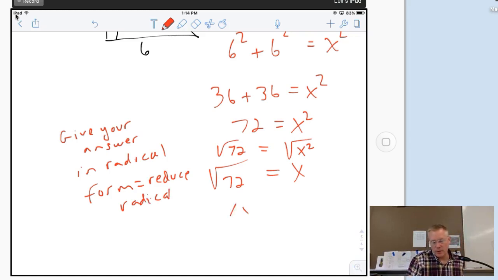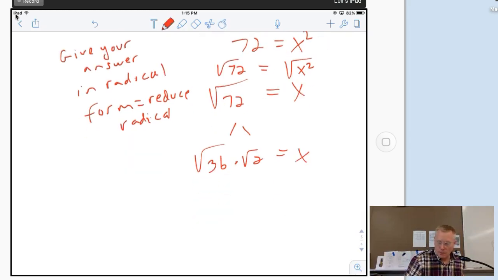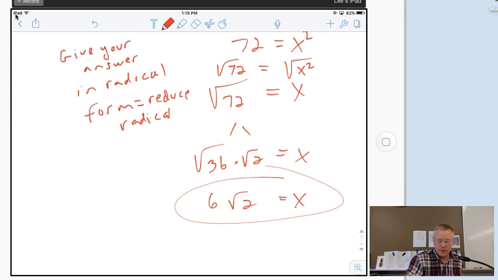So for example, I could break up 72 into 36 times 2, which gives me the square root of 36 is 6, root 2, and there's the answer, okay? Or, if they ask for a decimal, then x would equal 8.48.